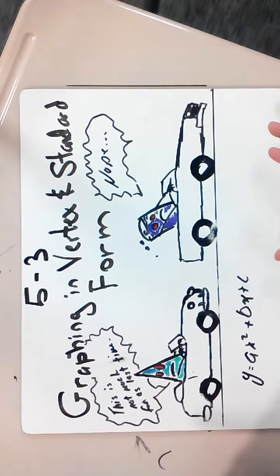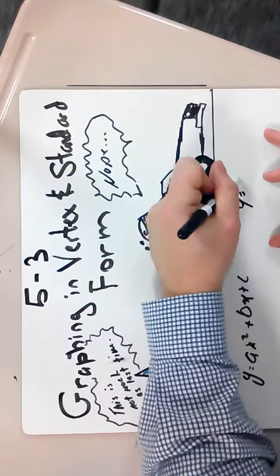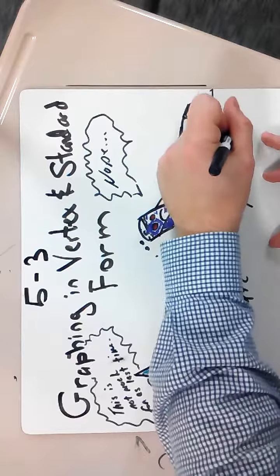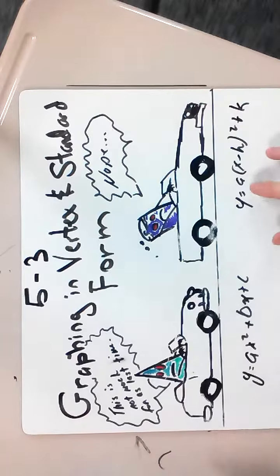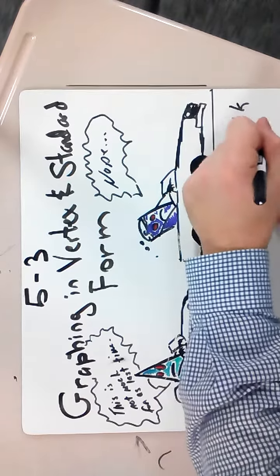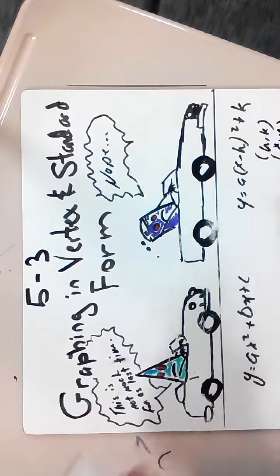Okay, we could convert that to y equals a(x minus h) squared plus k. Now the a is still the stretch or shrink as it was before, but h and k are our vertex coordinates. H and k is the same as x and y.